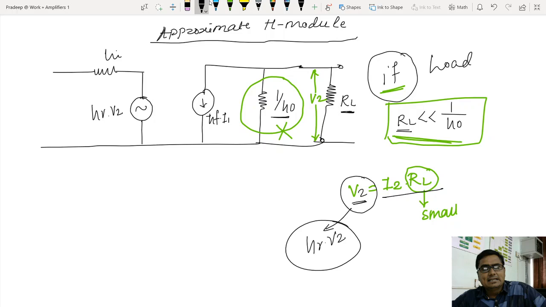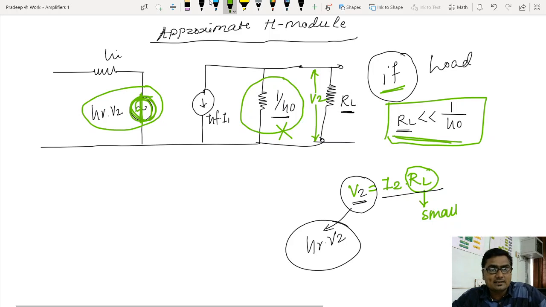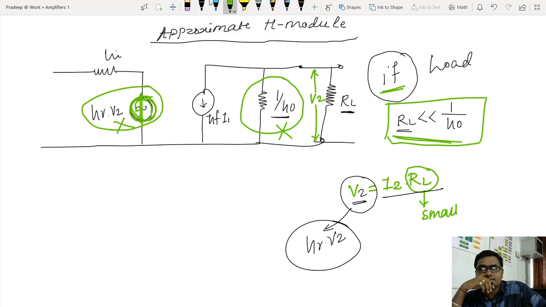It means this voltage that I am talking about will be very small. It is so small that I can consider it a short circuit. So the voltage has to be replaced with a short circuit. तो उसको भी हमें क्या करना चाहिए? Neglect. So this has to be neglected.